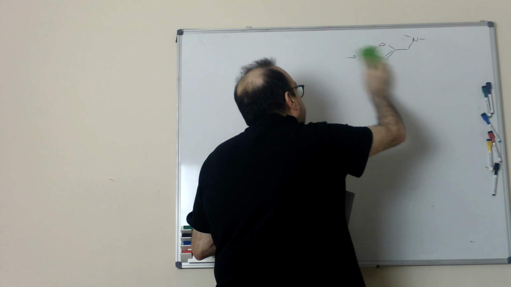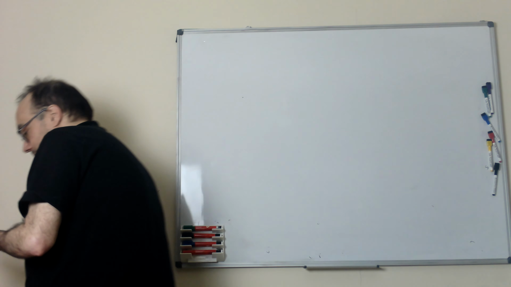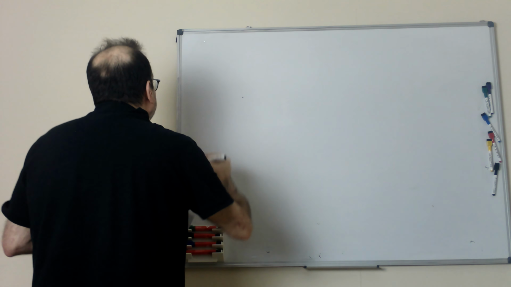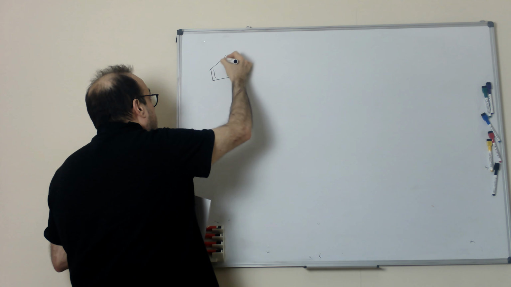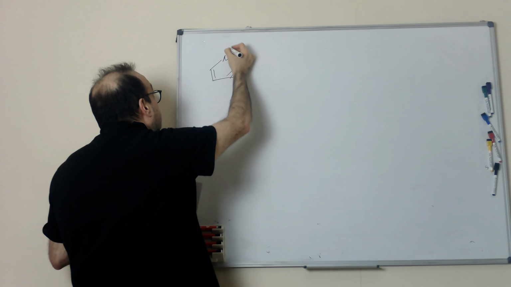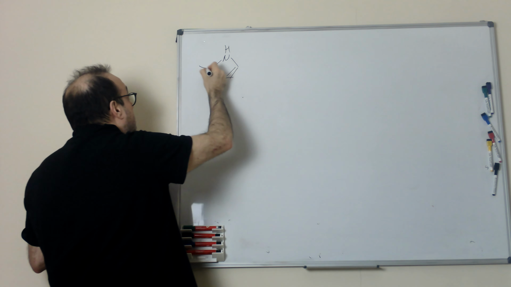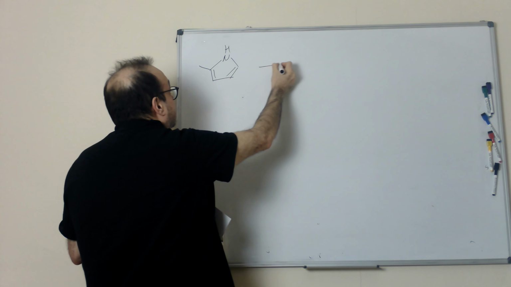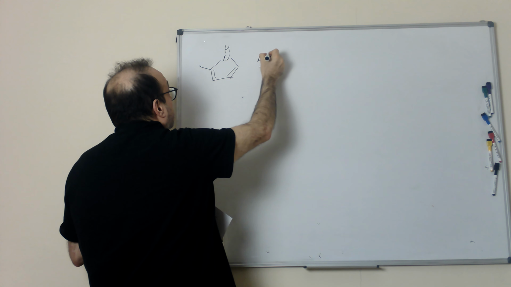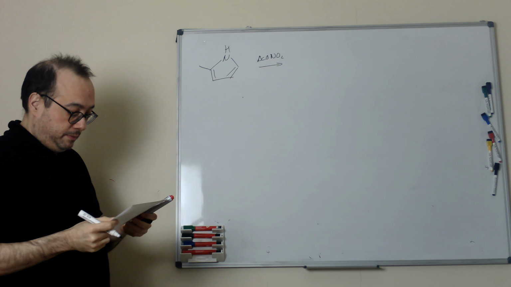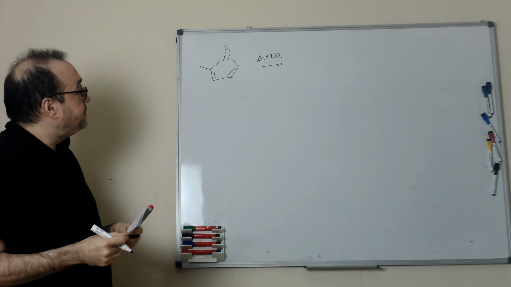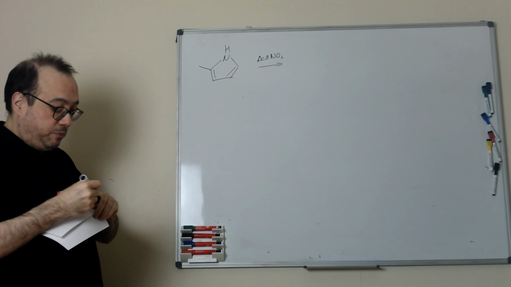Next one, now we have a pyrrole, and we treat it with, this is a nitration, and we have to decide where the substitution is happening.